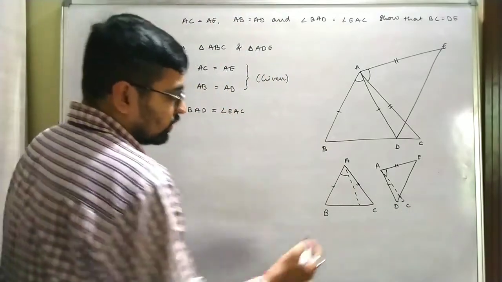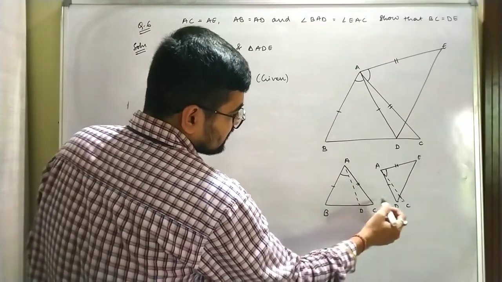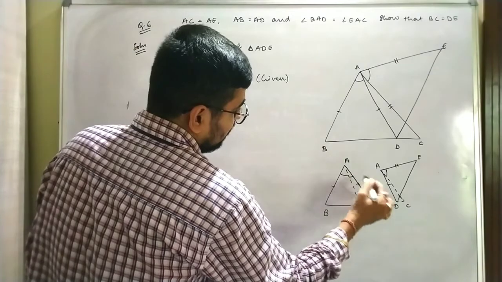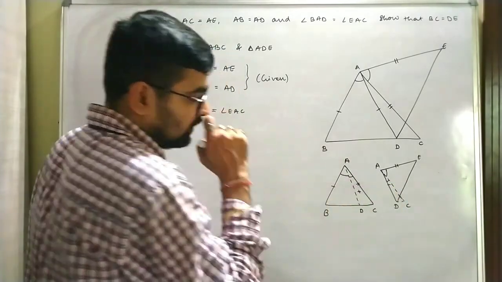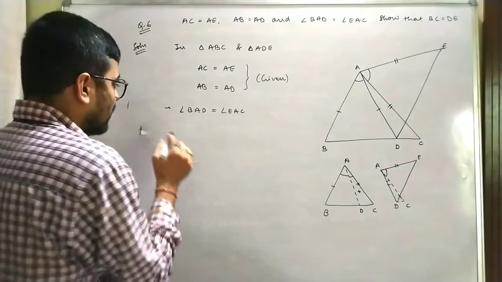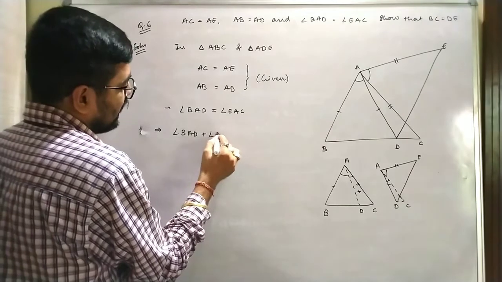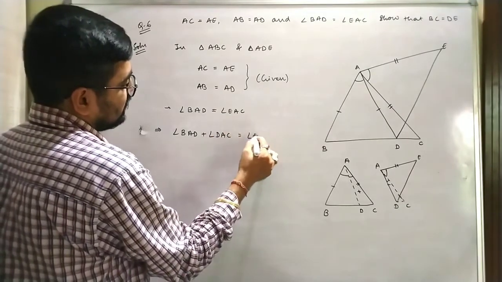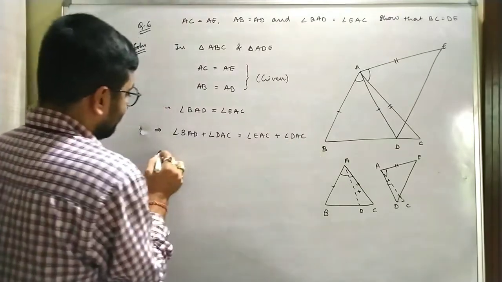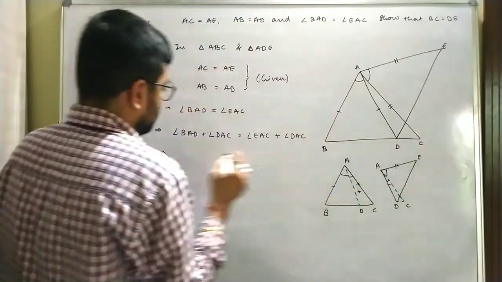So what can we do? What can we do? If you observe carefully, DAC, if I add this angle into this angle and if I add this DAC into this angle, it will give me the required angles correspondingly equal. So what I am going to do is I am going to add angle DAC on both sides: EAC plus DAC. So BAD plus DAC will become BAC.